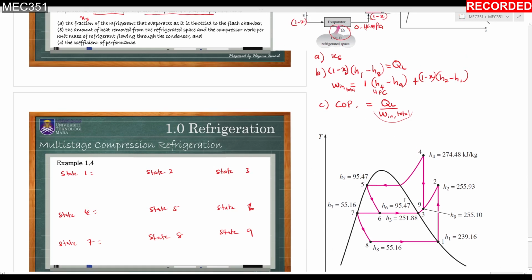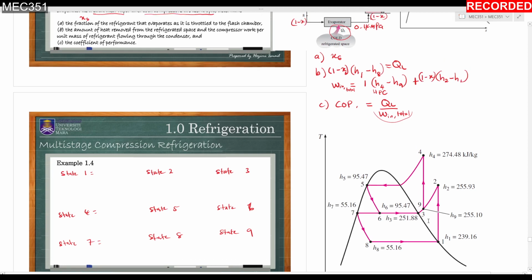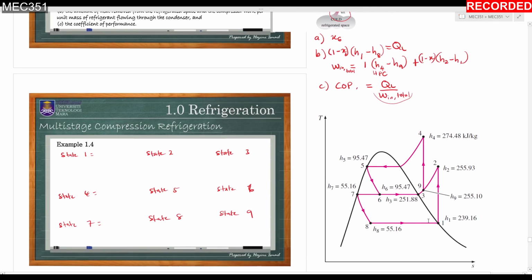You have to find the enthalpy at every state and compare your values with these values here. If you have problems, let me know and I will show you how to find the enthalpy value. But please do it first on your own. If not, you will not learn anything from our lessons here.